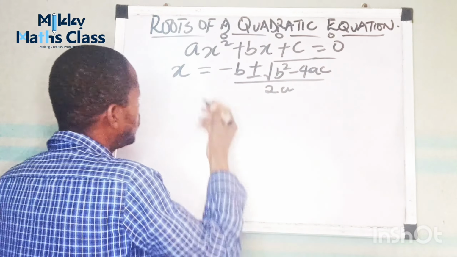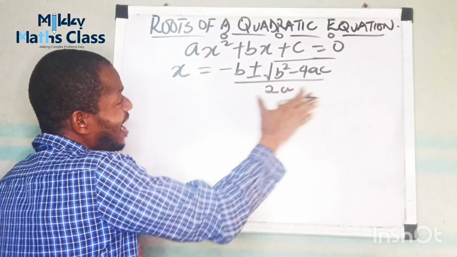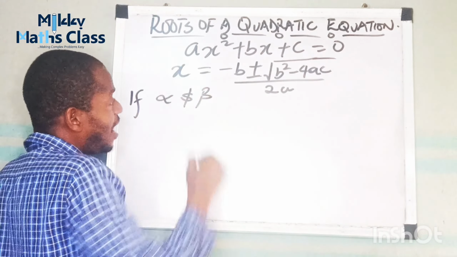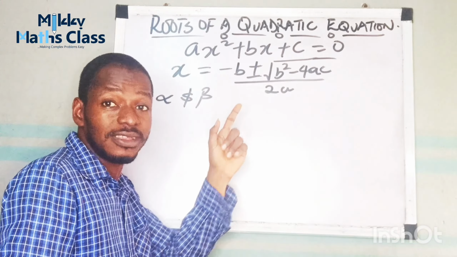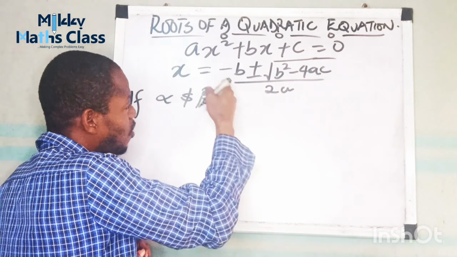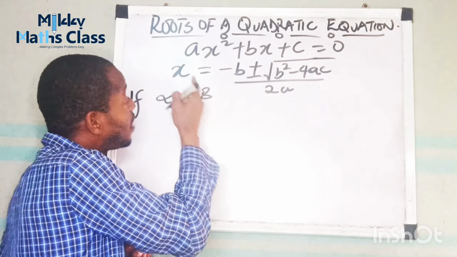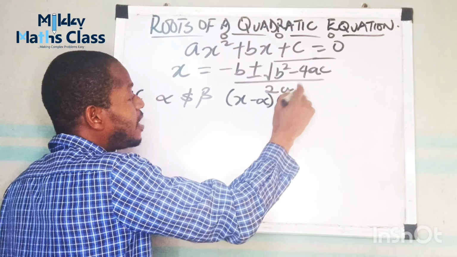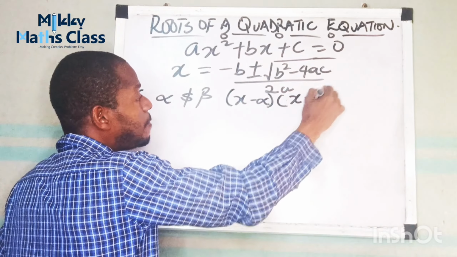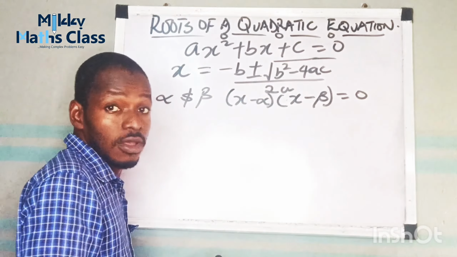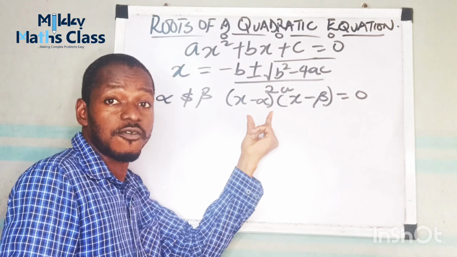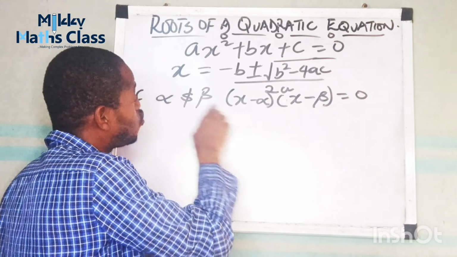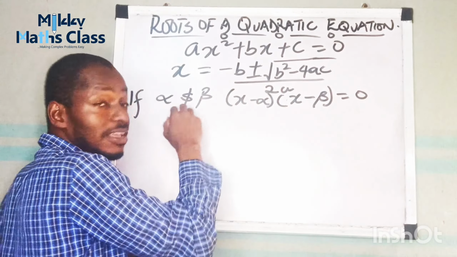So for example, if alpha and beta are the roots of this quadratic equation, it invariably means that for me to have arrived at alpha and beta as the values of x, my x minus alpha and x minus beta must have been equal to 0, because it is when x minus alpha and x minus beta equal 0 that our roots will be x equals alpha and x equals beta.